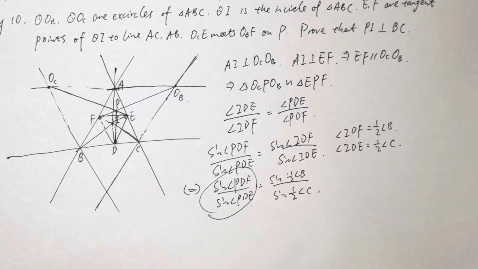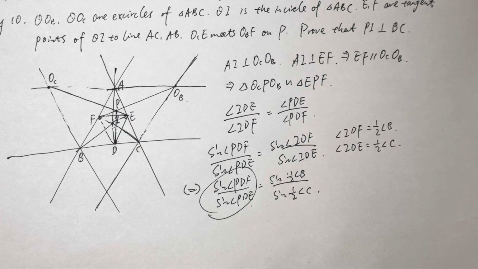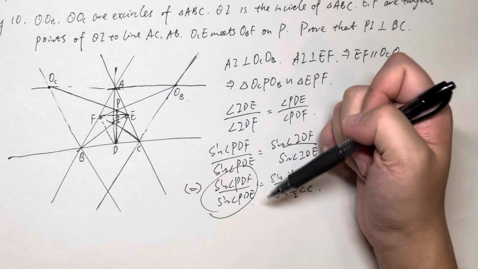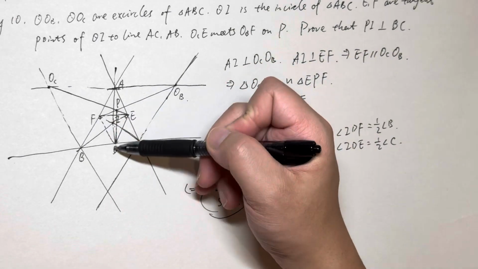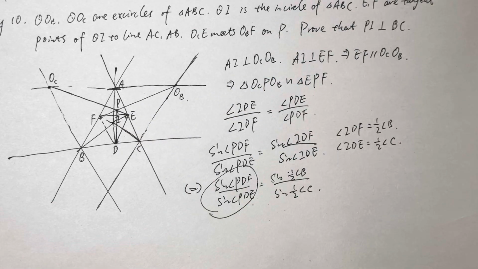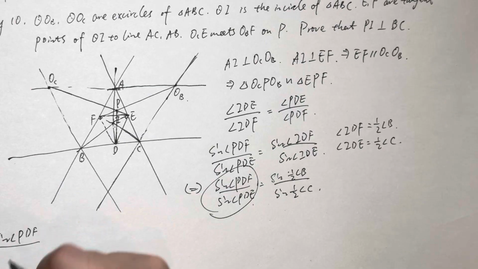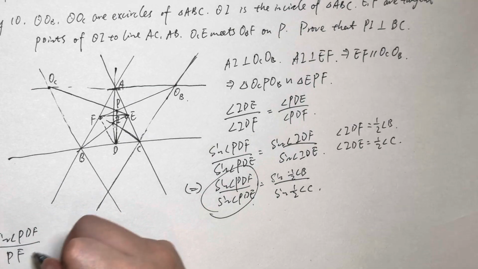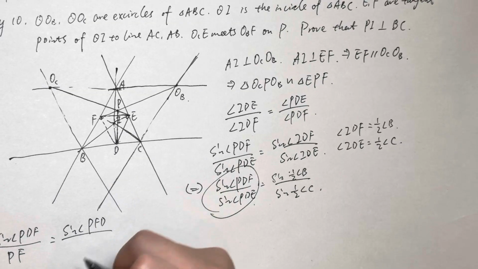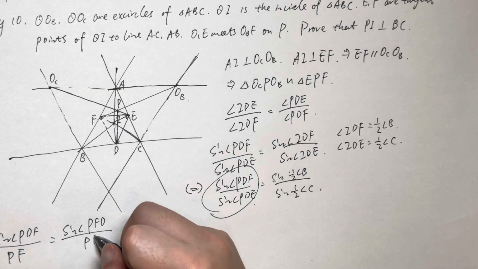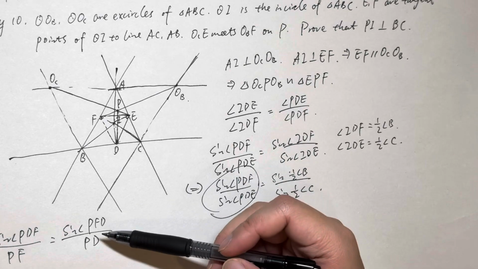This is angle PDF, and this is angle PDE. It would be very useful to put this sine ratio into the triangles PDF and PDE, right? Because they are sharing the side PD. So we know that sine angle PDF to PF equals to sine angle PFD to PD, right?